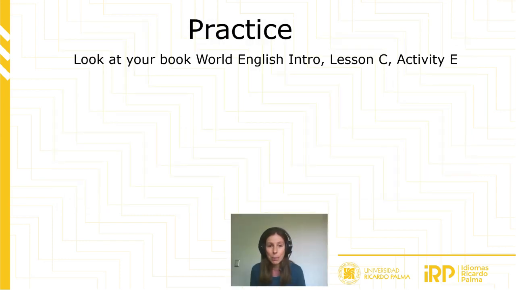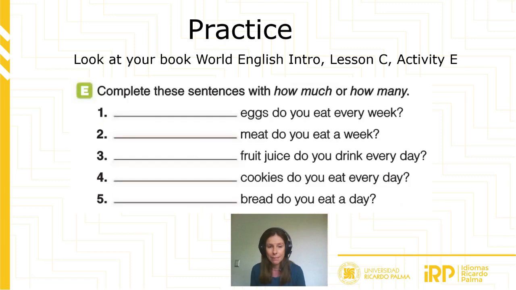Okay, so now let's practice. Look at your book, World English Intro, Lesson C, Activity E. And let's complete these sentences together with how much or how many. The first one.